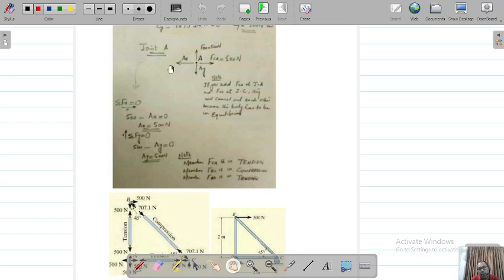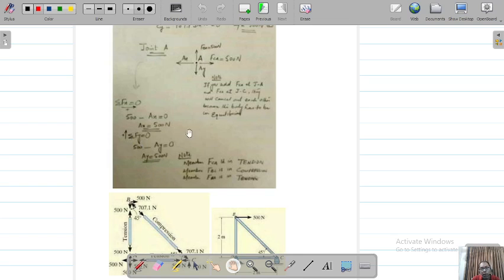You can assume the other way around. We have assumed it this way. Now if we apply sigma Fx equal to 0, we get 500 Newton, this was the force CA, minus AX towards the negative x. So AX is 500 Newton. When we apply sigma Fy, we get 500 Newton positive and minus AY. So you get AY equals 500 Newton.